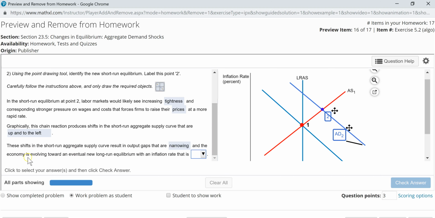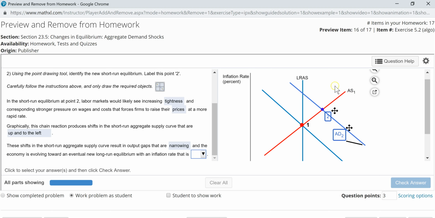And the economy is evolving toward an eventual new long-run equilibrium with an inflation rate that is higher. So now if you move this AS curve, as long as the output is still above the long-run potential output level, then there's still pressure on the price, hence on the inflation. So the short-run AS curve will keep shifting up until it's here.